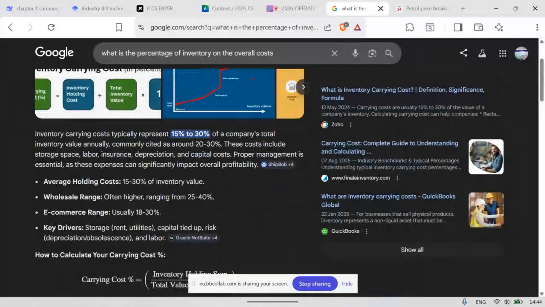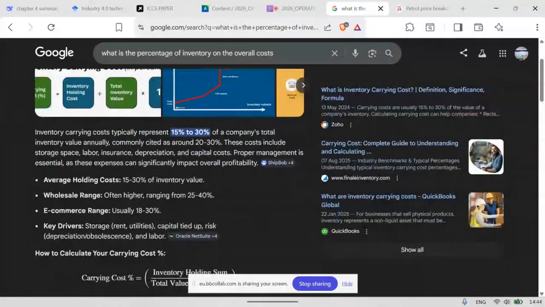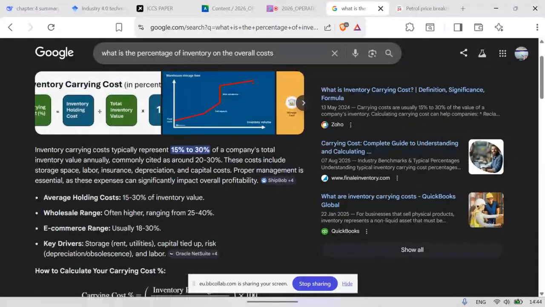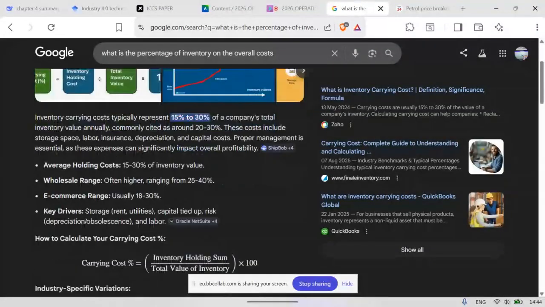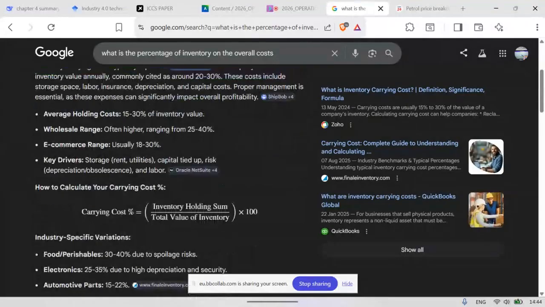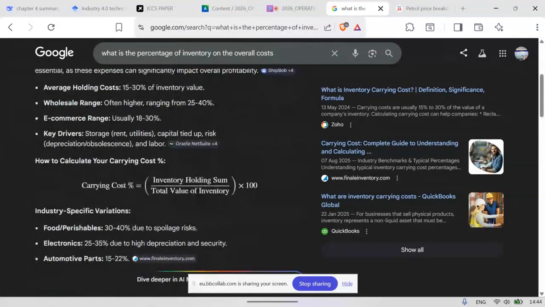Proper management is essential, as these expenses can significantly impact overall profitability. Guys, you got to understand something very critical. If you have 30% of your inventory cost, you're in trouble. 30% is a lot.